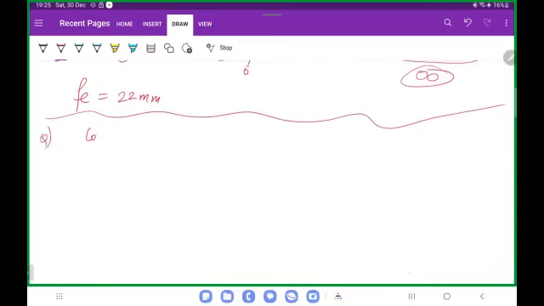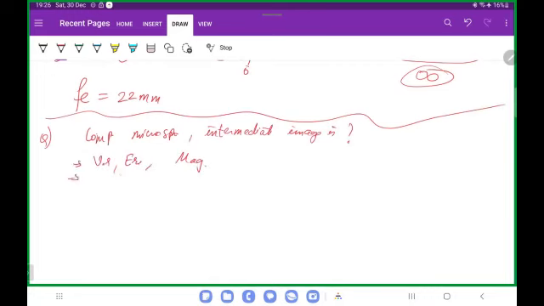Okay, so the question is: in a compound microscope, the intermediate image is what? The first option, virtual, erect, and magnified.